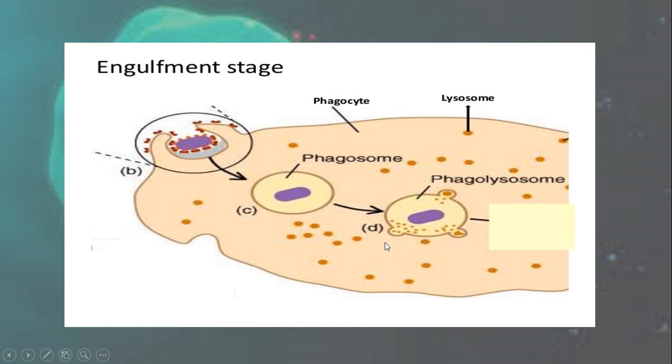All of these enzymes around are known as the lysosomes. These lysosomes are going to fuse with the phagosome to form what is known as the phagolysosome. It is a mixture of the phagosome, the vesicle carrying the pathogen, and the lysosomes, which are the enzymes that are going to digest this pathogen.